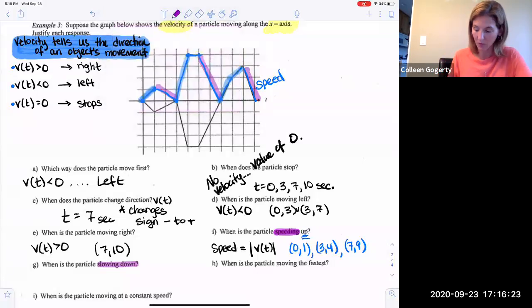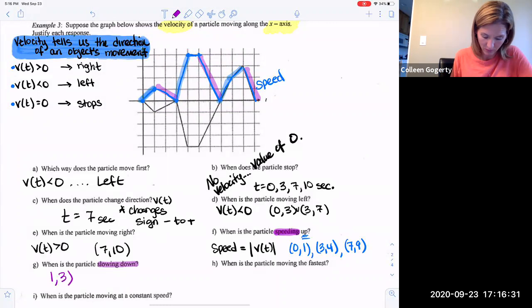So if I want to write my answer for that, what is that? 1 to 3, 4 to 5, 5 to 7, and then 9 to 10.